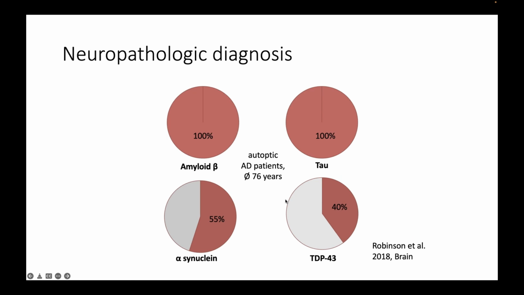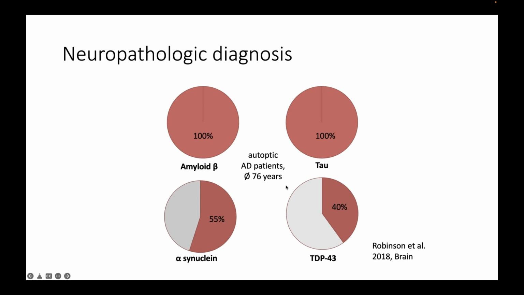So this was a study where they took only the autopsy-confirmed Alzheimer's disease patients, where just a light microscopy reveals the diagnosis and fulfills the pathological criteria of Alzheimer's disease. And they then performed immunohistochemistry to look further for other proteins.